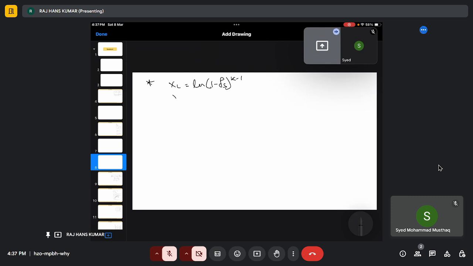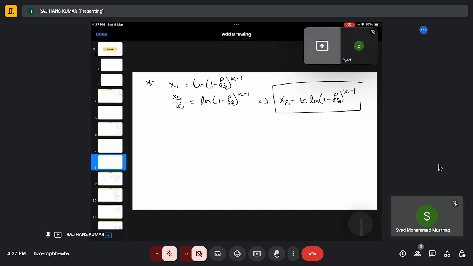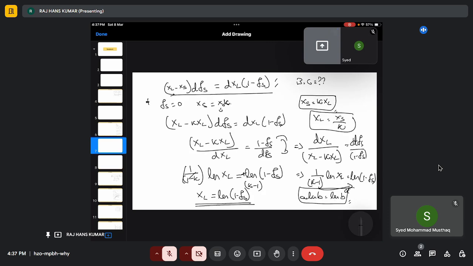XL will be equal to XS upon K, so XS is equal to K ln 1 minus Fs to the power K minus 1. So this is our relation to know how this change is going to happen.